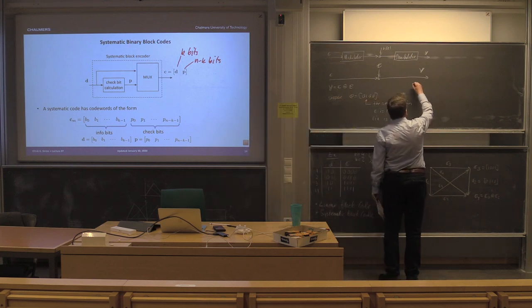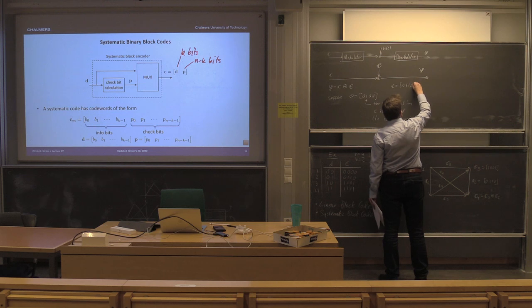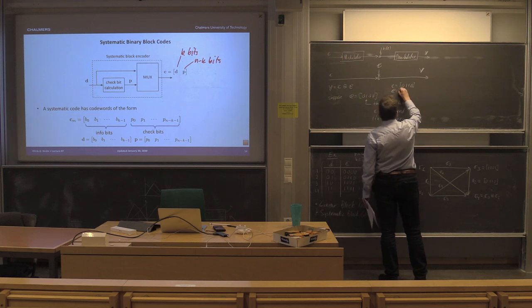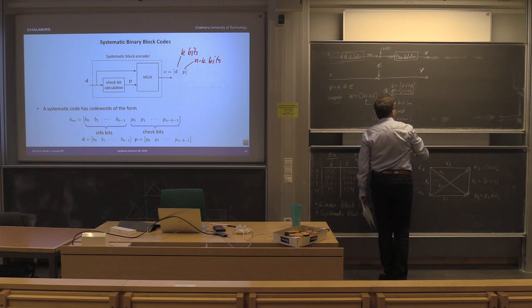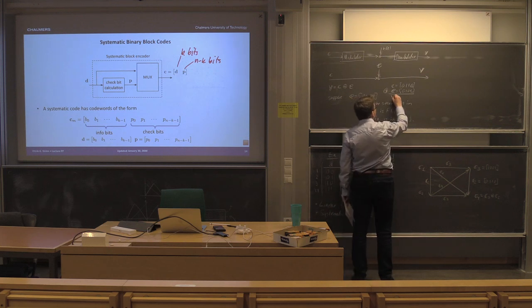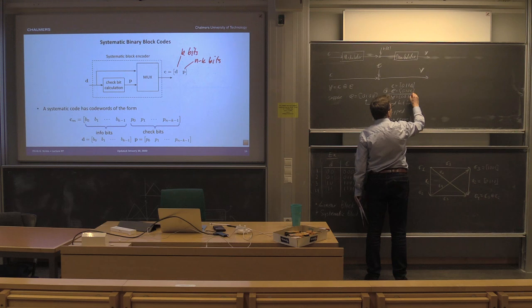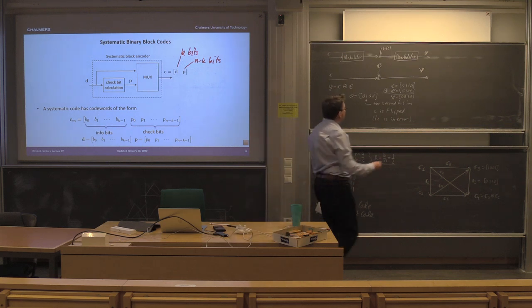And we see this that, for instance, if now c happens to be 0, 1, 1, 0, and then we take e, which is then 0, 1, 0, 0, and we modulo 2 add these, we get y equals 0 plus 0, that's 0, 1 plus 1, that's 0, 1 plus 0, that's 1, 0 plus 0, that's 0. So we see that the second bit here is in error.